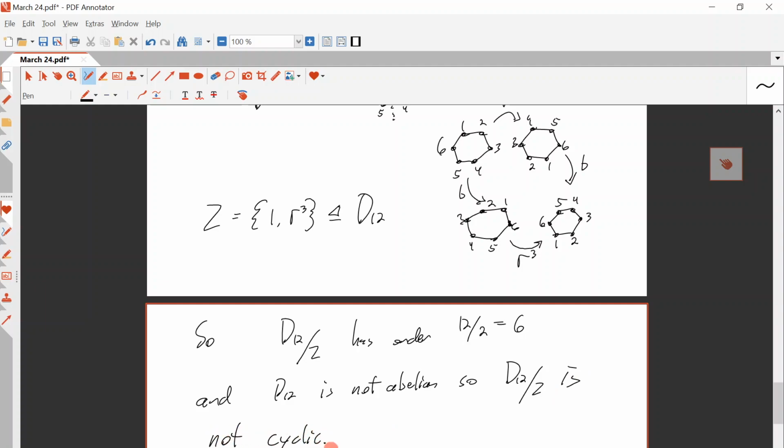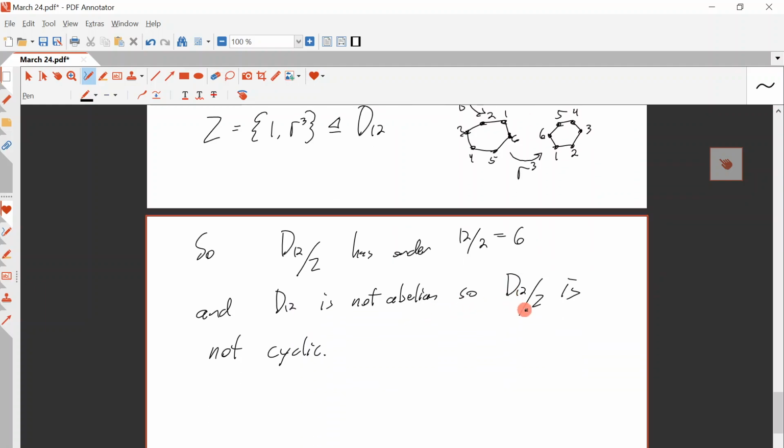Remember that one? If D12 mod the center were cyclic, then D12 would have to be abelian, if you remember that theorem. So D12 mod Z is isomorphic to, well, there's two groups of order 6. There's Z6 and D6. Well, it can't be Z6, so it's got to be D6.